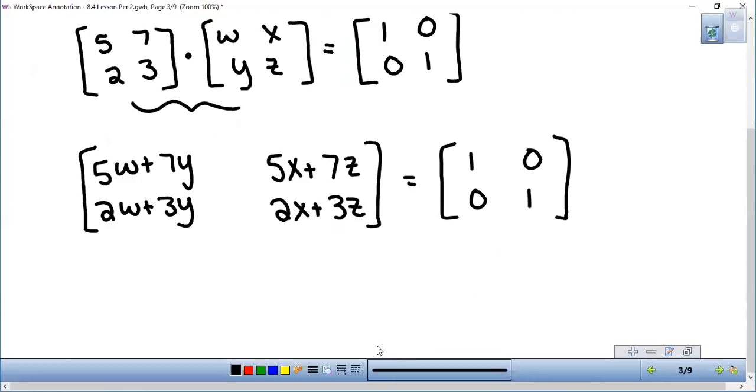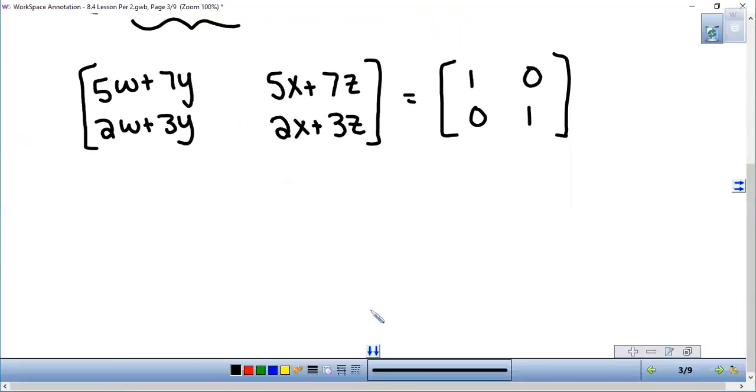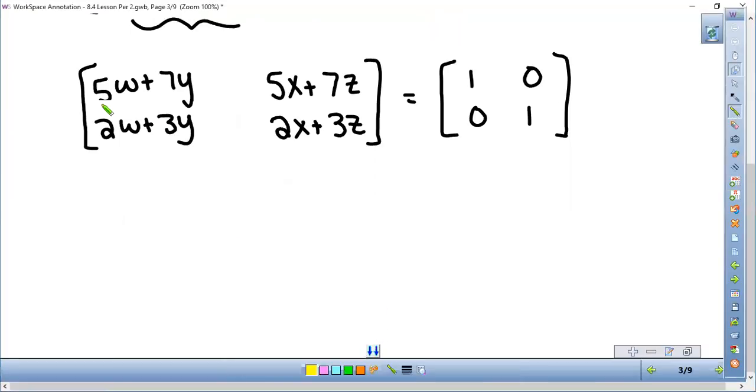If two matrices are set equal to one another, that means that the elements that are in corresponding positions must be the same. And so that means that 5W plus 7Y must be equal to 1. 5X plus 7Z must be 0. 2W plus 3Y must also equal 0. And 2X plus 3Z must be equal to 1.